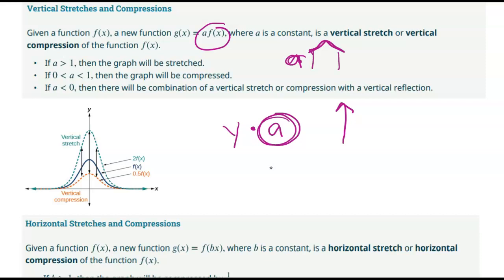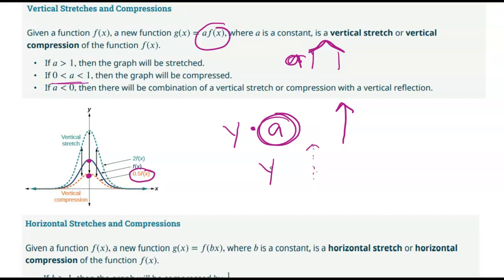If a is between 0 and 1, then it's still going to have a growth component, but you're not going to grow quite as quickly. If you notice here, that shape of the graph for 1/2 still has the same shape, but is only half as high as the original graph.